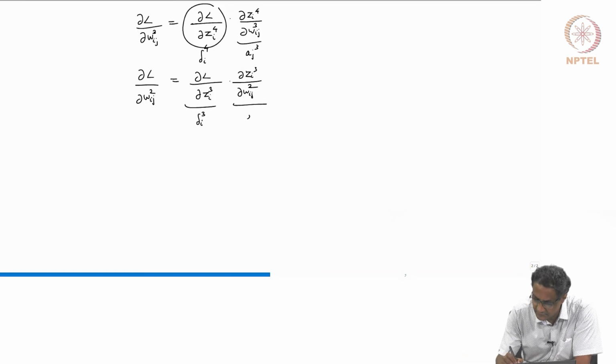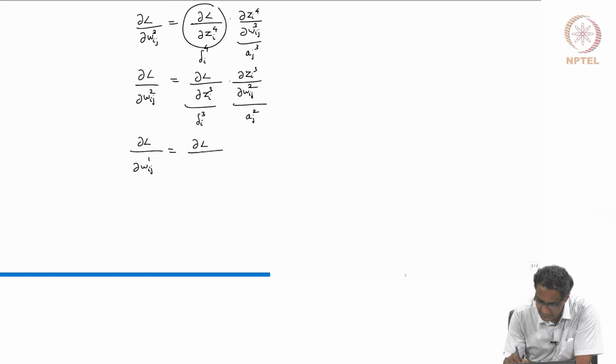Finally we will have ∂L by ∂Wij1, and that will be ∂L by ∂Zi2 into ∂Zi2 by ∂Wij1. I don't even have to see the diagram, this is what it should be like. I just expect this to be Aj1, which you can verify, and this is going to be delta I2.